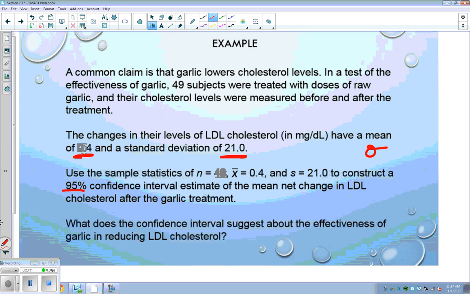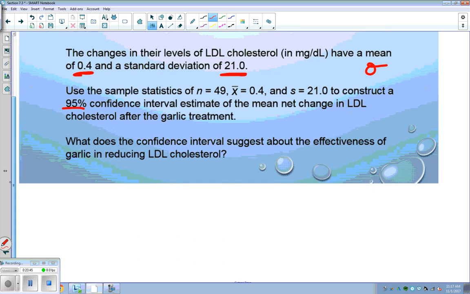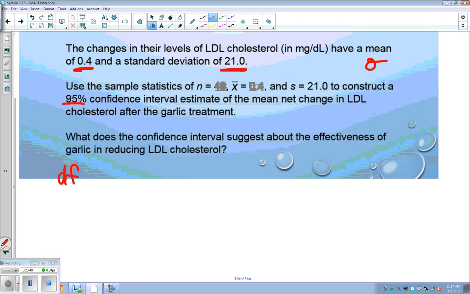Think of the Brewery of Guinness. That's what they had to do their samples. So I'm going to have to use the t to find my margin of error. Let's think about it. My degrees of freedom is going to equal 49 minus 1 to get 48, correct?